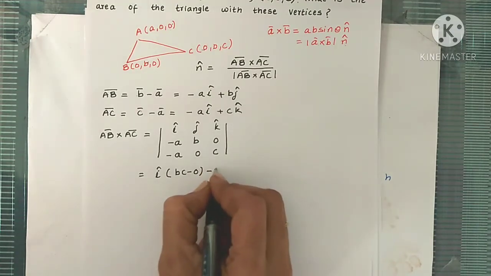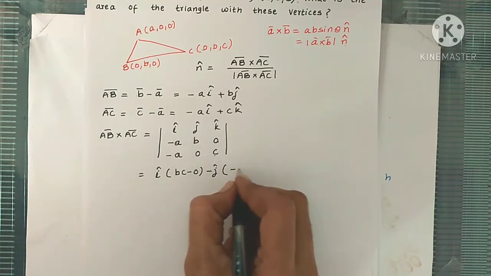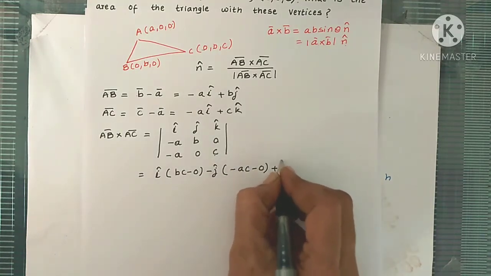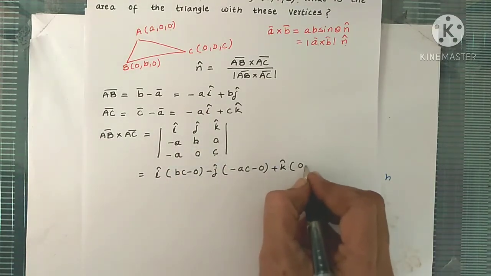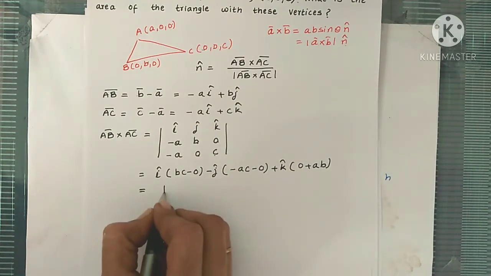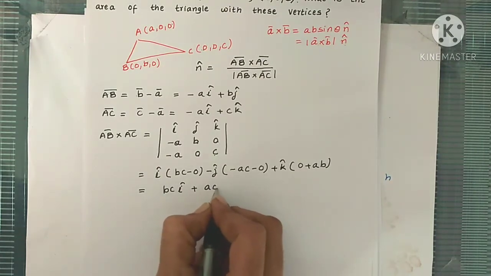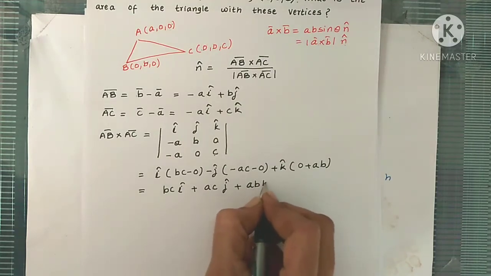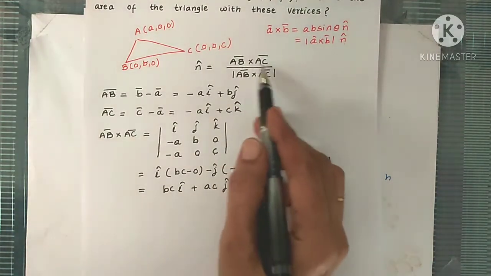Then minus J cap, minus AC minus 0, plus K cap, 0 minus minus plus AB. So that is BC I cap plus AC J cap plus AB K cap. Okay. So we have the numerator now.